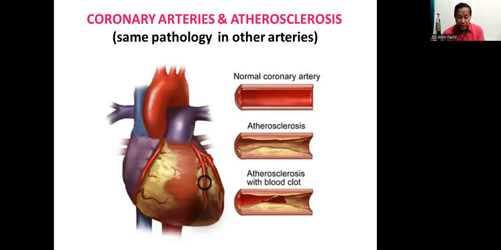When you look at the healthy, normal coronary artery, the lumen or the inside of the artery is nice and clean, with the lining being the endothelium. The inner lining of the artery is the endothelium. And then you have the muscle layer, and then you have the outer fibrous layer.